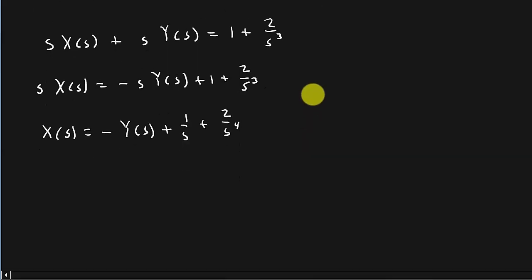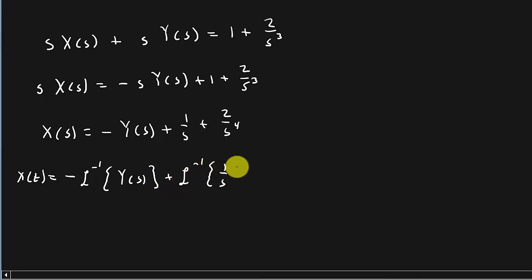Now we can go ahead and find x of t. That means I need to take the inverse Laplace of all that. So that's negative inverse Laplace of y of s plus the inverse Laplace of 1 over s.